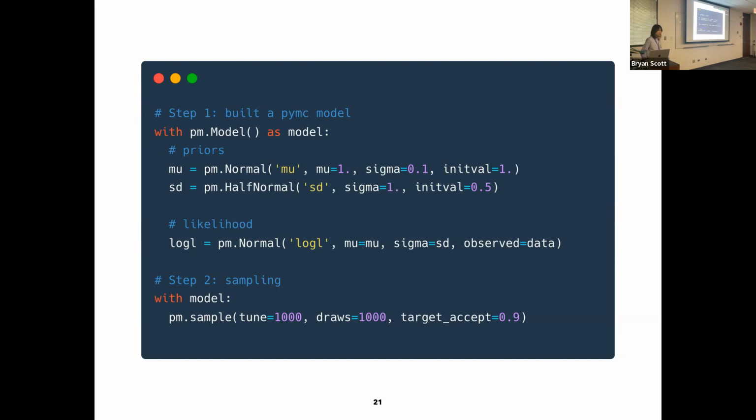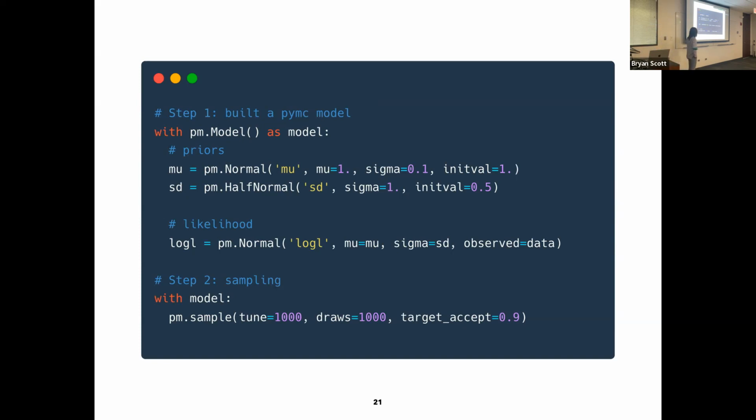They tell PyMC the distribution of this random variable. pm.Normal is a normal distribution. If you go to the PyMC syntax, it has tens of distributions you could use for random variables.